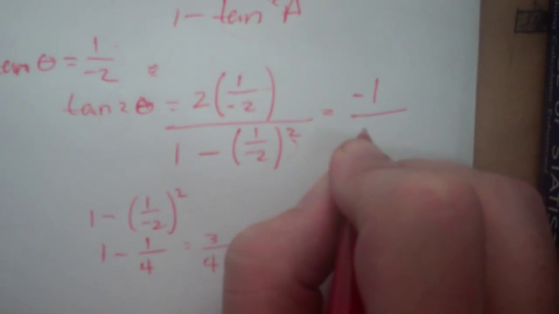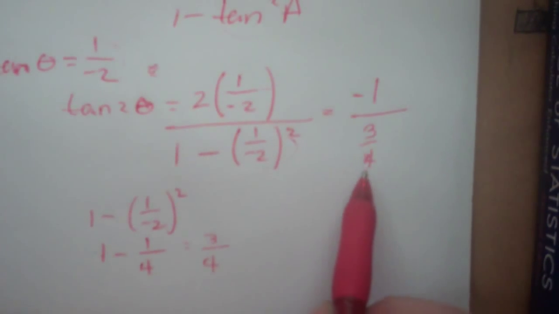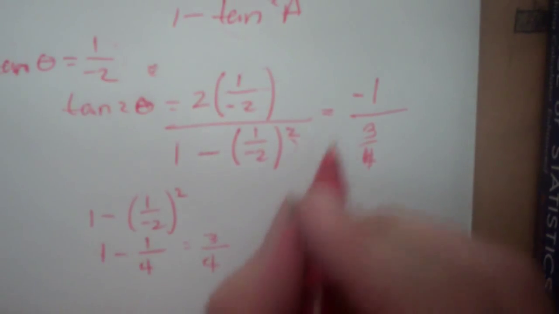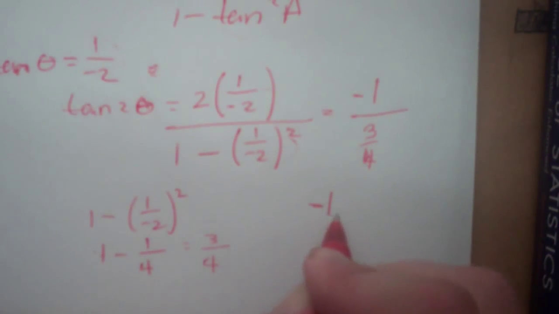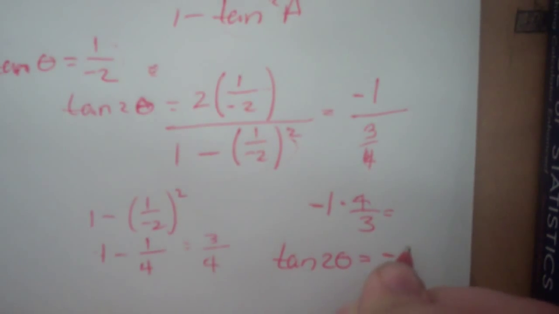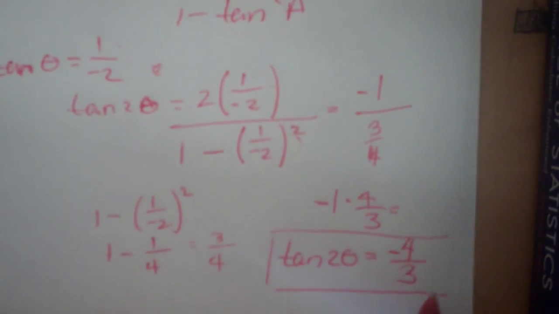So on the bottom down here we end up with 3/4. So this is negative 1 over 3/4. When you're dividing by a fraction, you're multiplying by the reciprocal. So this is negative 1 times 4 over 3. So the final answer is the tangent of 2 theta is equal to negative 4 over 3. And that is the final answer.